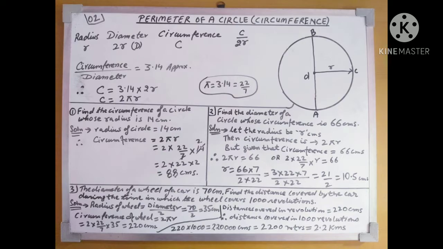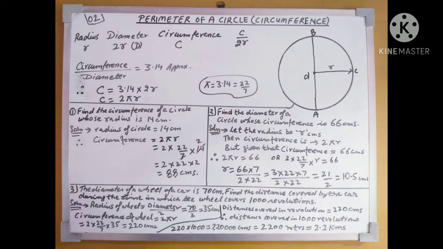Find the distance covered by the car during the time in which the wheel makes 1000 revolutions, right? So if you apply a little bit of common sense, you will realize that if a wheel takes one turn, it will move a distance equal to the circumference of the wheel, right?